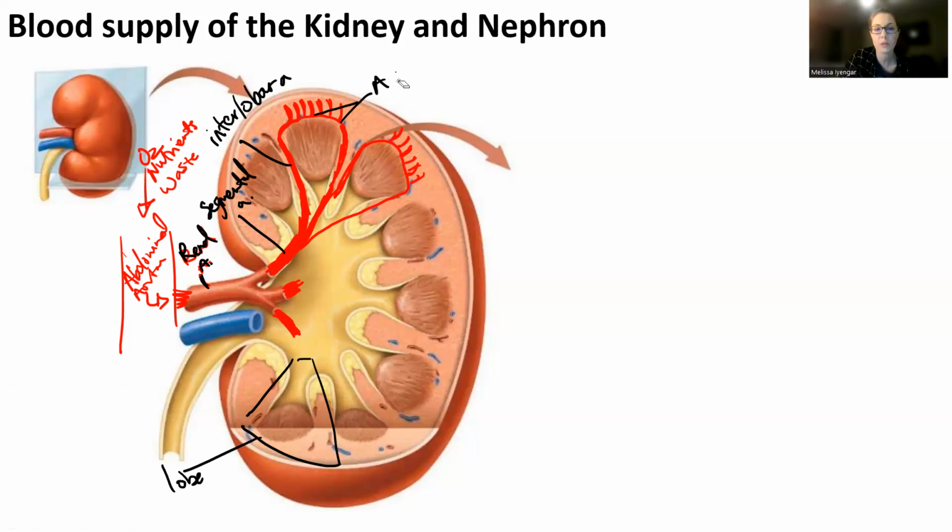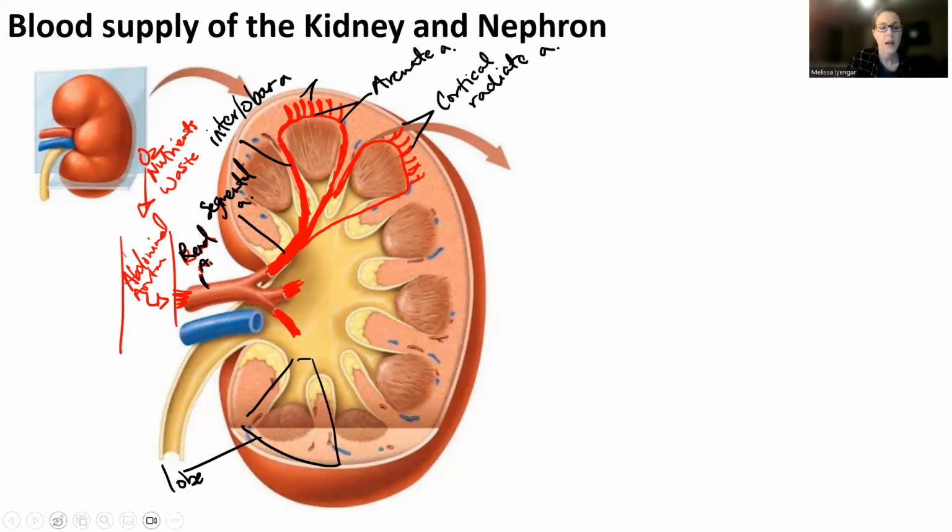So the arcuate artery should be between the cortex and the renal medulla, or really on top of the renal pyramid. Then these smaller ones, maybe we'll label these smaller ones here. These are called the cortical radiate arteries because they radiate into the cortex. Basically, they fan out into the cortex.